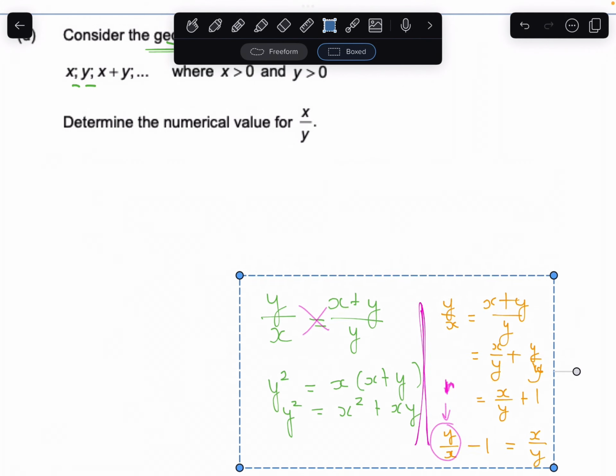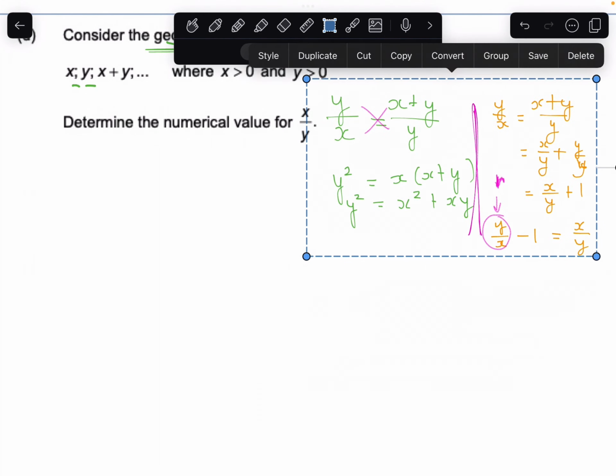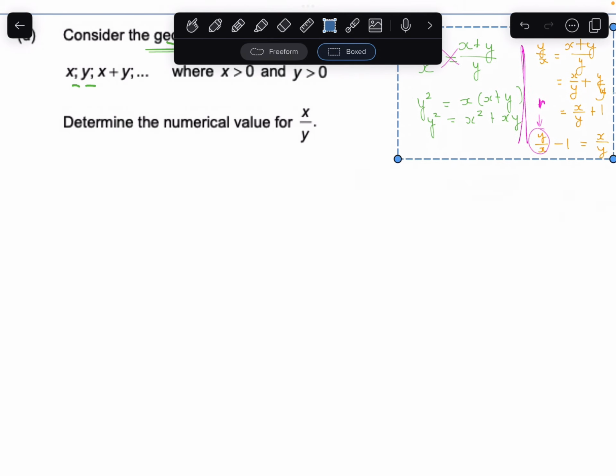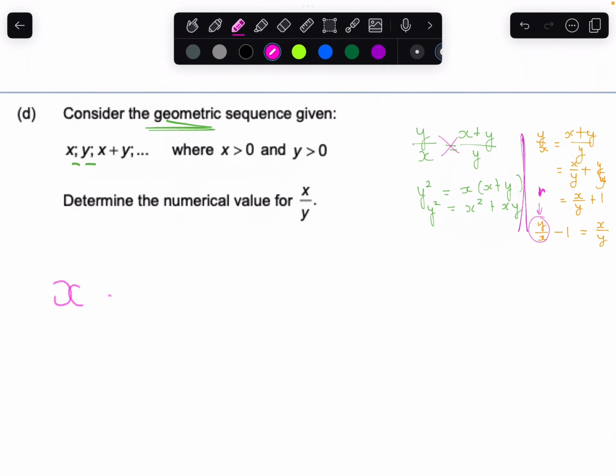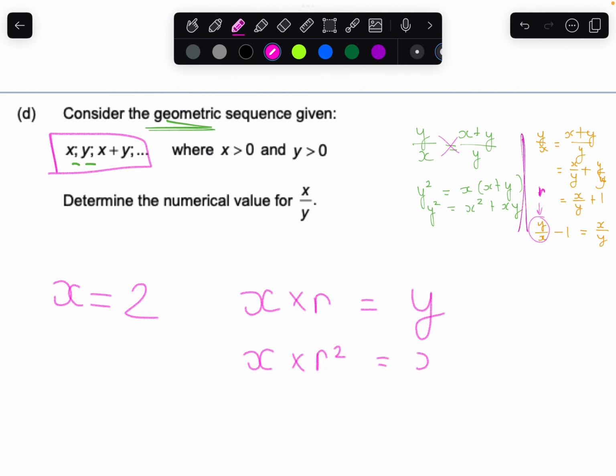I started thinking, okay, suppose that somebody told me what x is. They told me that x is 2, for example, right? How would I use this information to figure out what y is? So I would know that x times r is equal to y, and x times r squared is equal to x plus y, right?